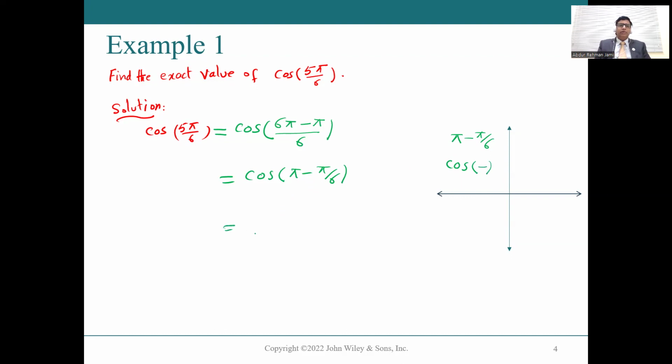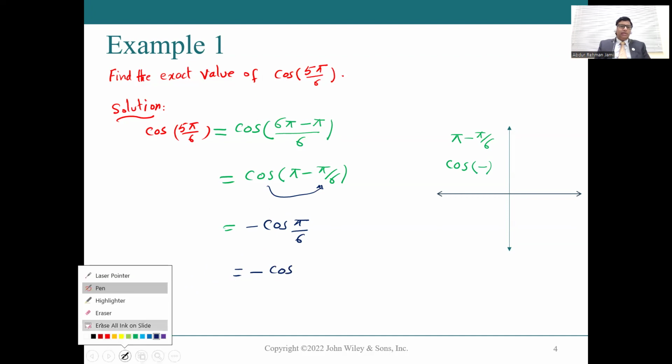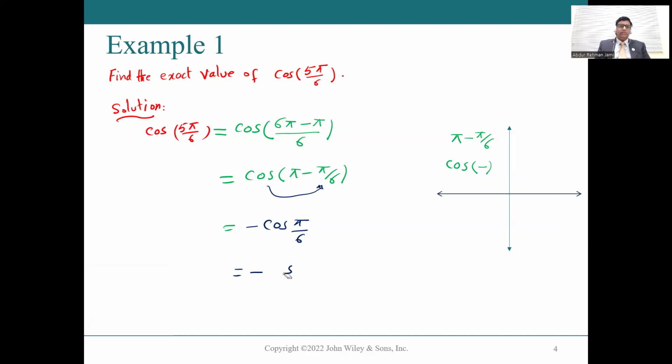So first of all, I write this cosine with the reference angle, which is cosine of pi over 6. Cosine is negative, so attach this negative sign, minus cosine pi over 6. So what is the value of cosine pi over 6?